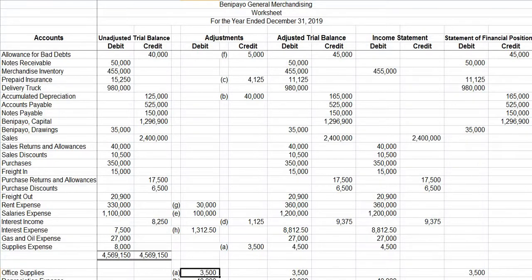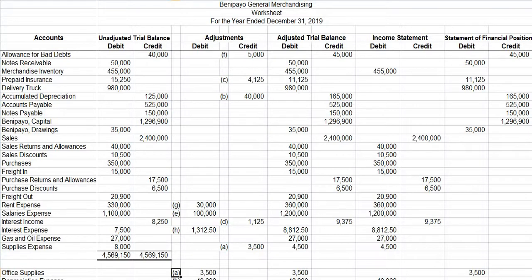As a guide in recording the adjusting entries in the journal later on, it is better to label each figure you write in these money columns for adjustments with letters or numbers. So here, write letter A, because this 3,500 is part of the first adjusting entry.